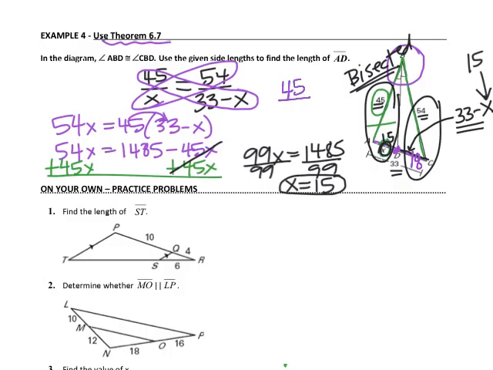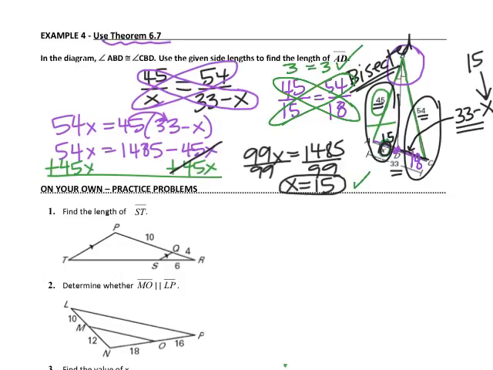So 45 over 15 equals 54 over 18. Okay, and do those reduce to the same number on both sides? Or if you wanted to, you could check to see that this cross multiplication and this cross multiplication ends up being the same. But 45 divided by 15 is 3, and 54 divided by 18 is 3. So we know then that our answer of x equals 15 is correct.